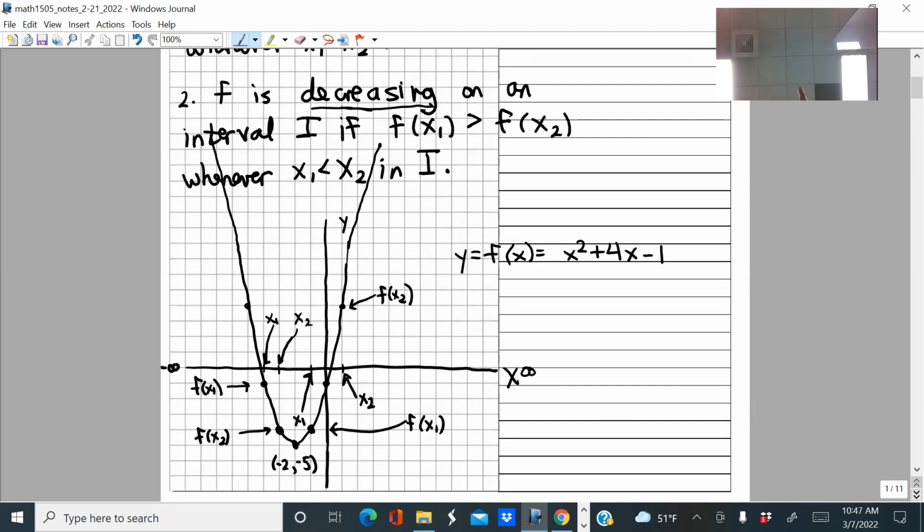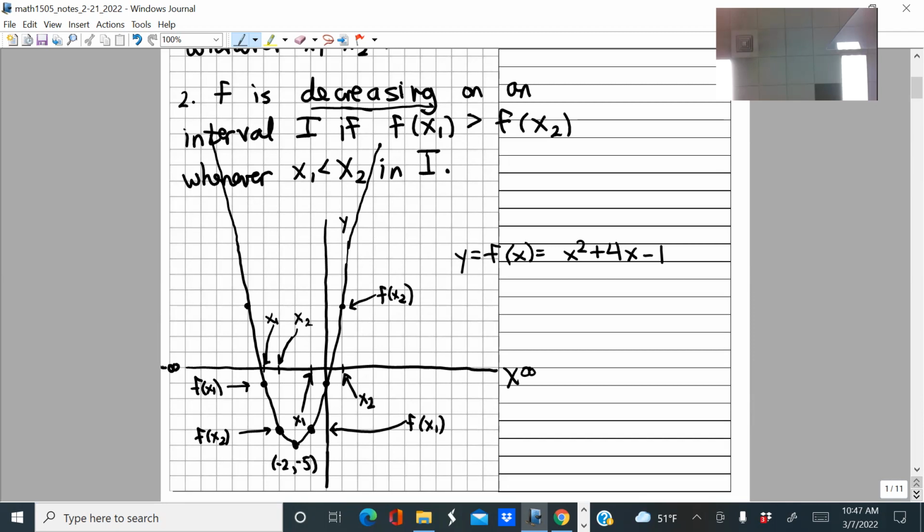Usually that set will be an interval. By an interval, I mean all numbers on the x-axis starting at some given initial value and going up to some given terminal value. That initial value may be negative infinity, and the terminal value may be positive infinity. So we always talk about a function increasing or decreasing with respect to an interval in the domain, or as mathematicians we would say over or on an interval in the domain of the function.